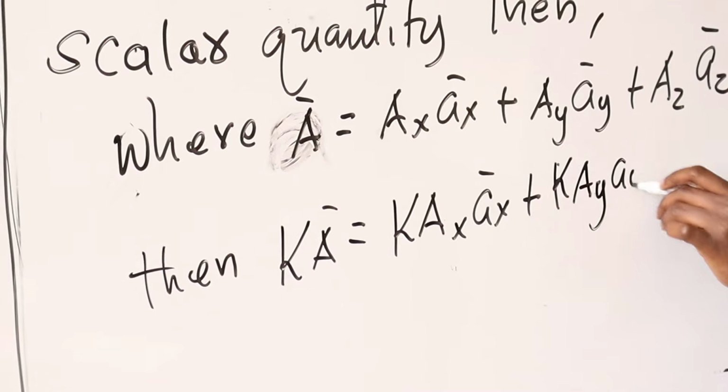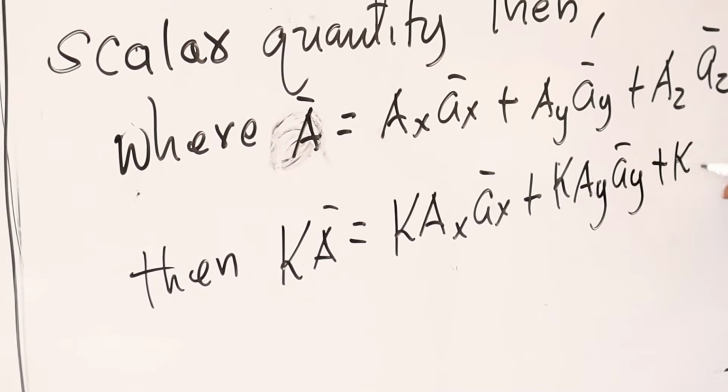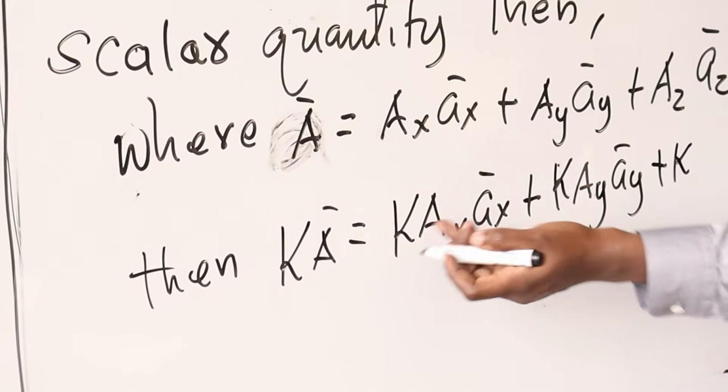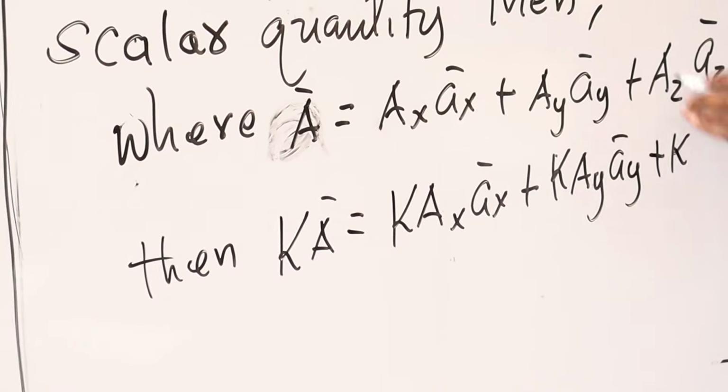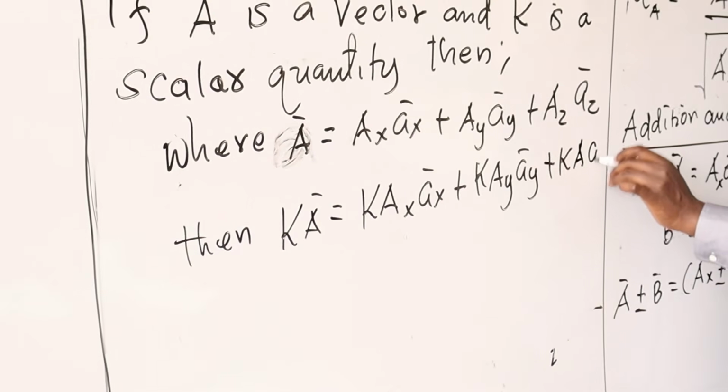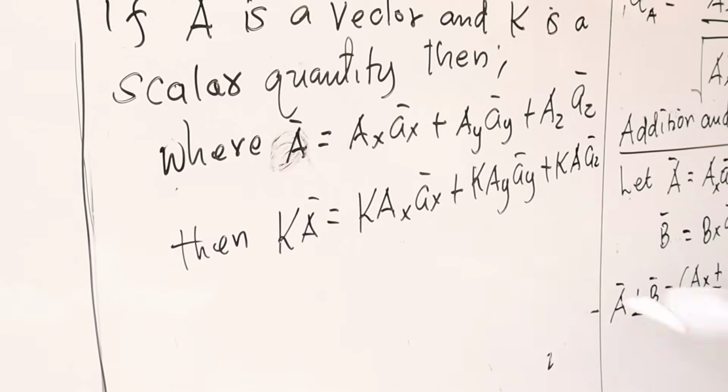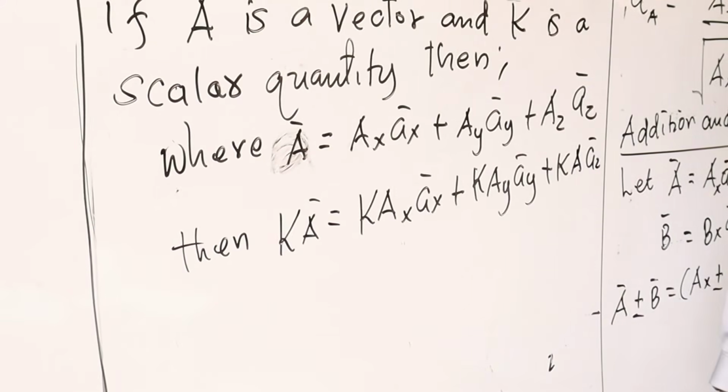We've just increased the magnitude by the value of K. So that is how we can multiply as multiplication by scalar.